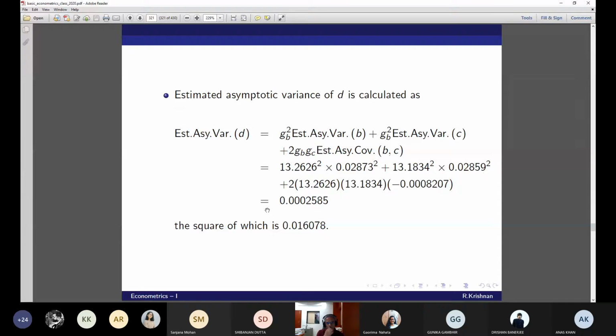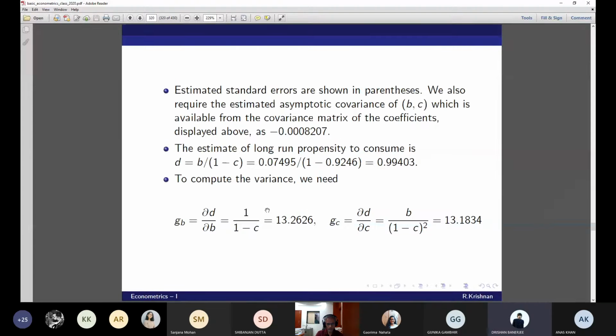The estimated asymptotic covariance of D is calculated as follows, the square of which is 0.016078. Sir, can you scroll up one slide once? This one? Yes.